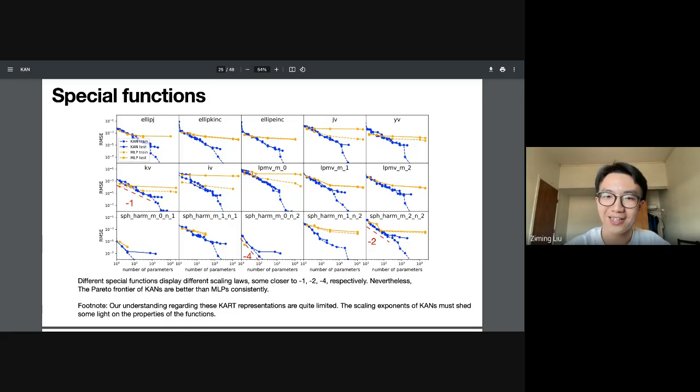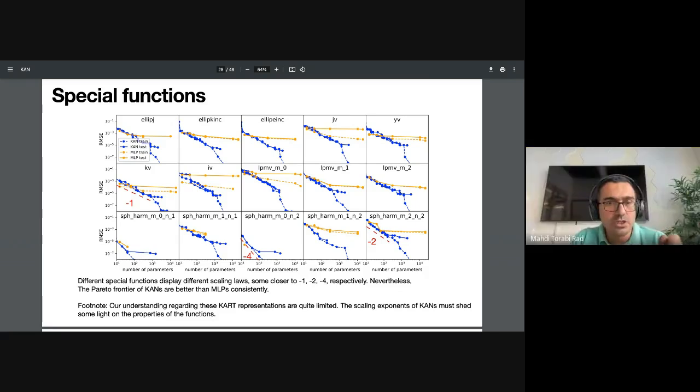At least one subtle point is that a 2-layer MLP only has 1 layer of nonlinearity, so it should be compared with a 1-layer KAN, not a 2-layer KAN. There could be a lot of subtlety in comparing these models, which is why I run a lot of models and plot the Pareto frontiers.